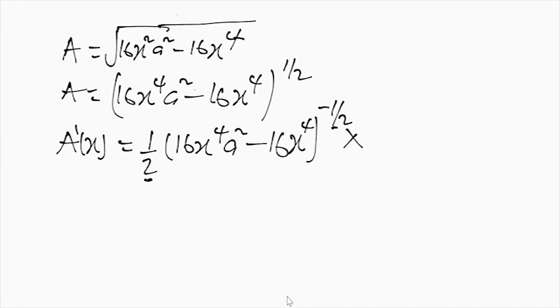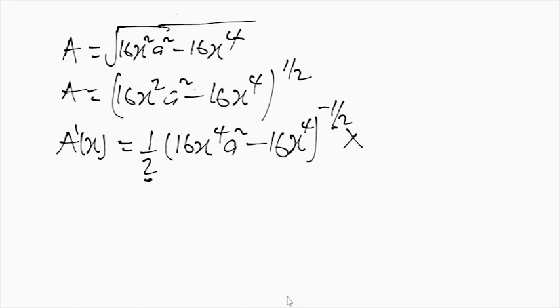So when you differentiate what you have in the bracket, that will give us 16x. Sorry, this is not x raised to the power 4, this is x raised to the power 2. Let's not make that mistake.